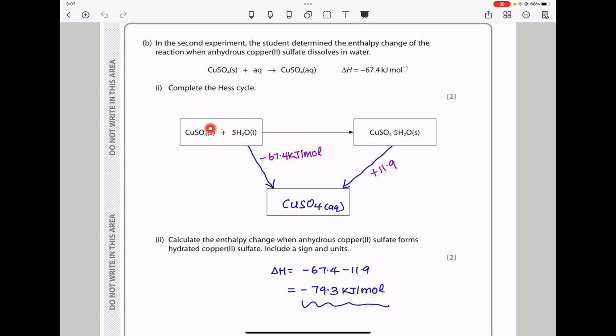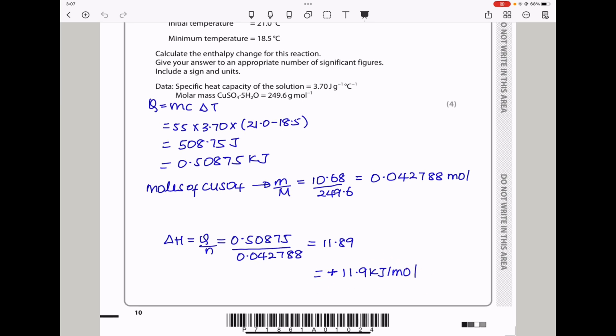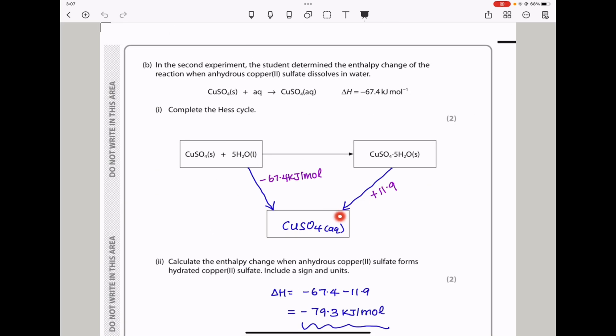So here we have this reaction leading to the formation of the hydrated sample. However, since we're given this, I placed it here so that conversion of this to this, meaning from solid to aqueous, is going to be negative 67.4 kilojoules per mole. We also calculated this previously, so positive 11.9, if I take you back, which is the answer we got here. So that is what we got here.